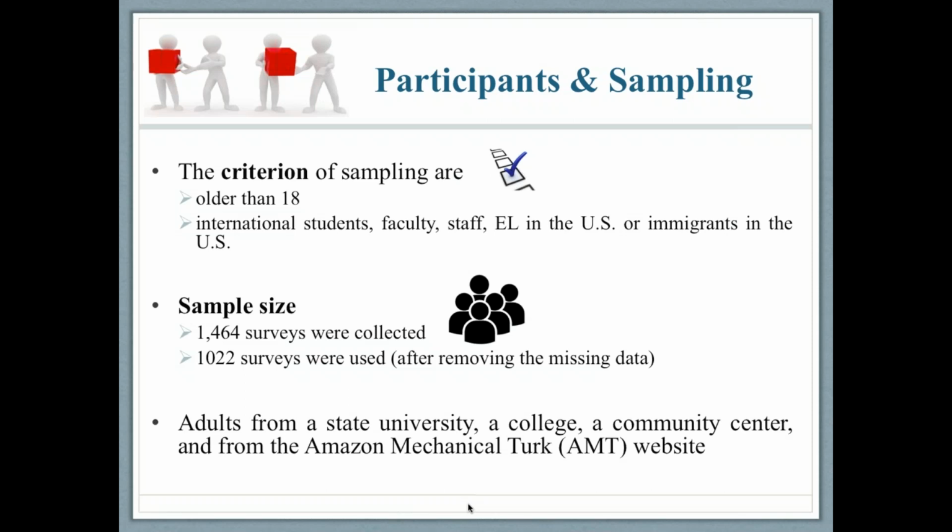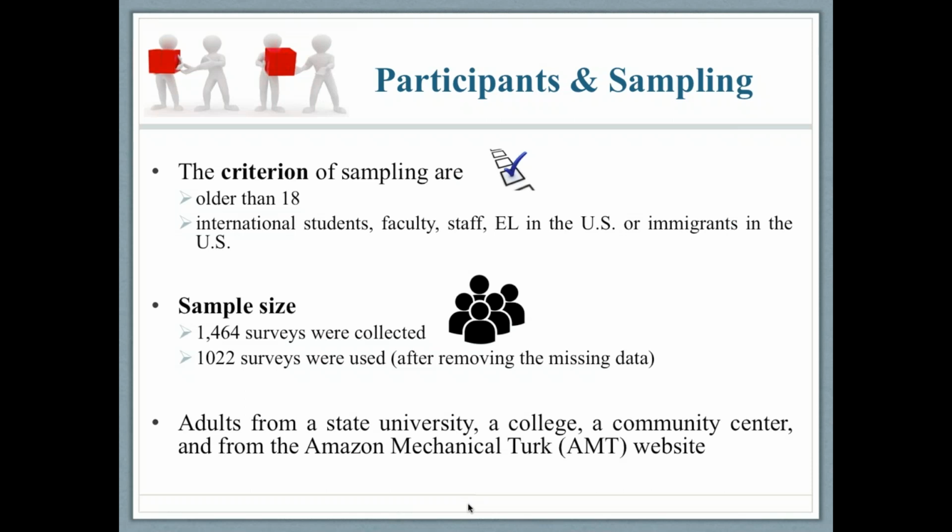Some of the adults were from a state university, a college, or a community center. I also collected around 500 or 560 surveys from the Amazon Mechanical Turk website. It's a good quality survey collection tool, and the reliability and validity of the data collected through Amazon Mechanical Turk were proven with some scientific studies. So if you want to use it or check it out, you can.